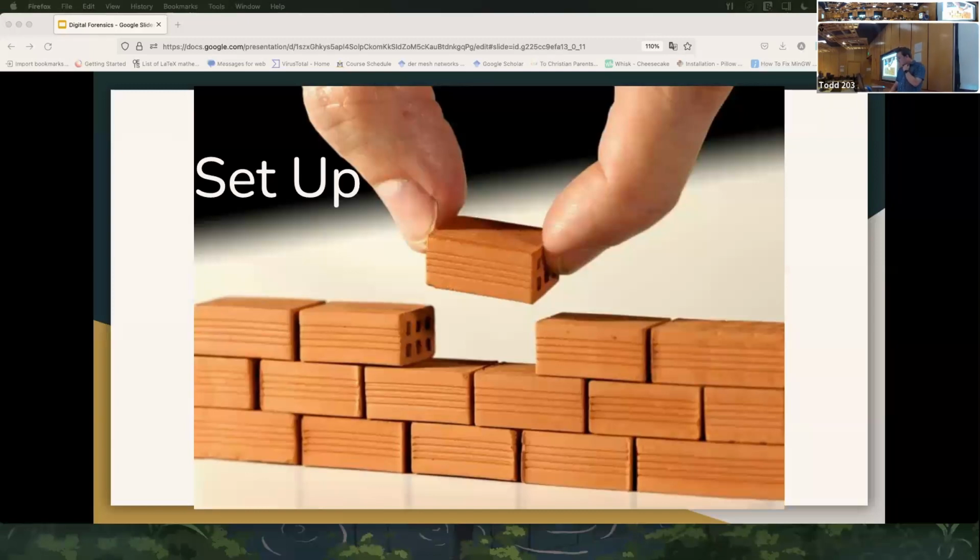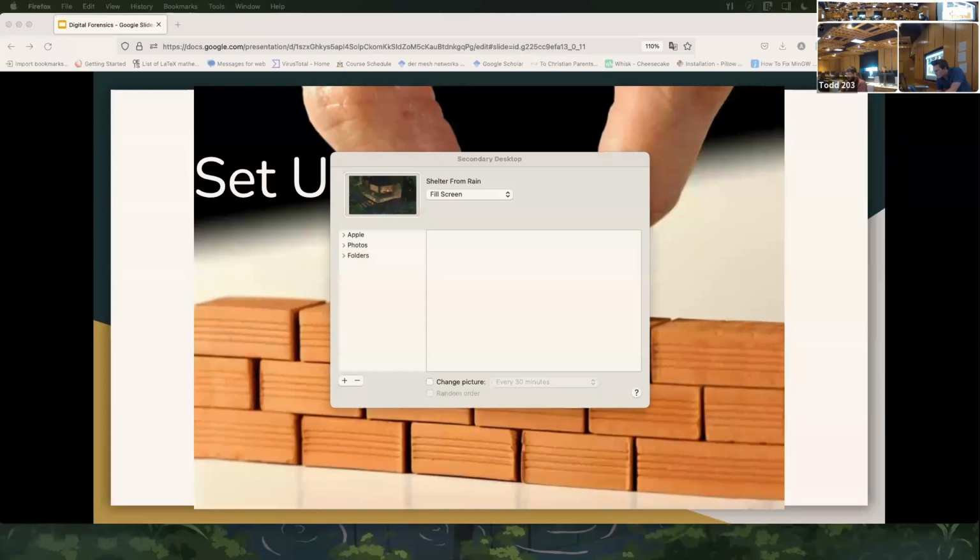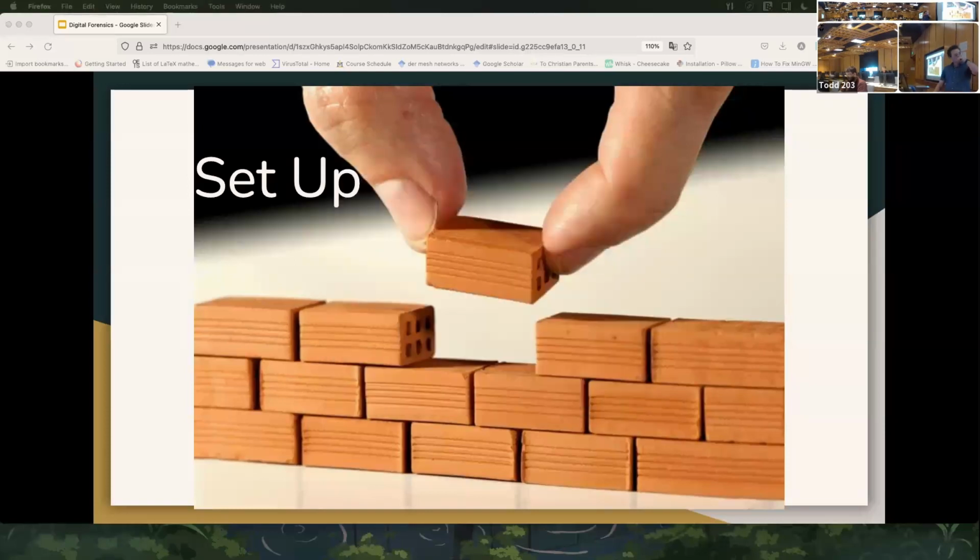I'm trying. Nice. Oh. Oh. Right. I'm running all my files.